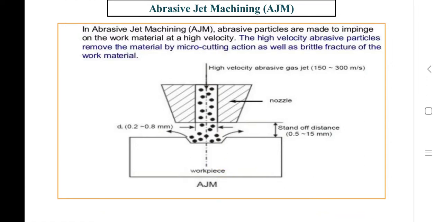Here you can see how the working principle works in AJM. Abrasive particles are made to impinge on the workpiece at a high velocity, and these high velocity abrasive particles remove the material by micro cutting action, that is erosion, as well as brittle fracture of the workpiece.